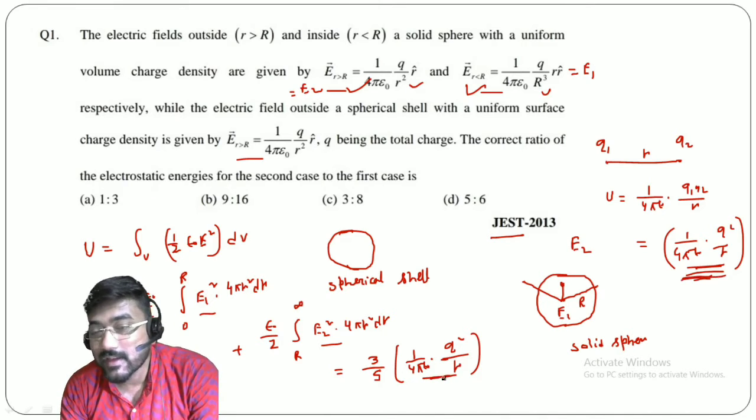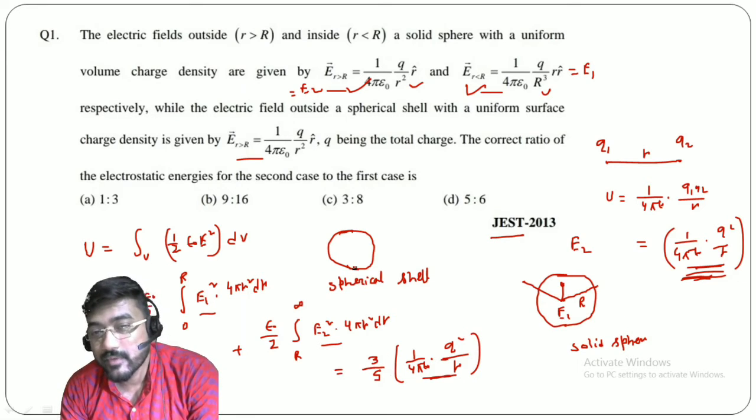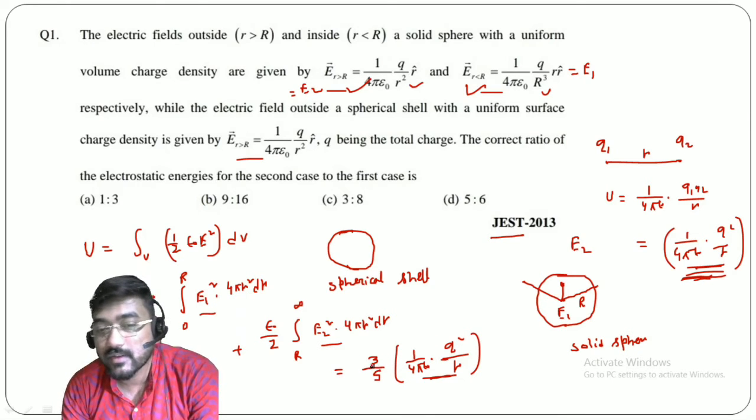You just have to remember the factor: for the solid sphere this factor is 3 by 5, and for the spherical shell it will change to half.